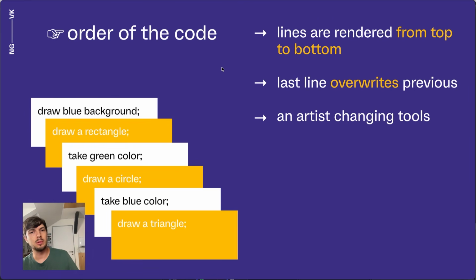Okay, very brief detour on order of code. So just keep in mind that the lines are read or interpreted by the browser really from top to bottom. And that means that they will be executed in this order as well. So if you write something in the beginning and then change it later on, then it will overwrite what you previously wrote.